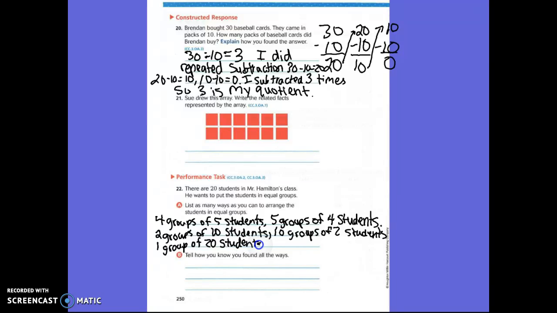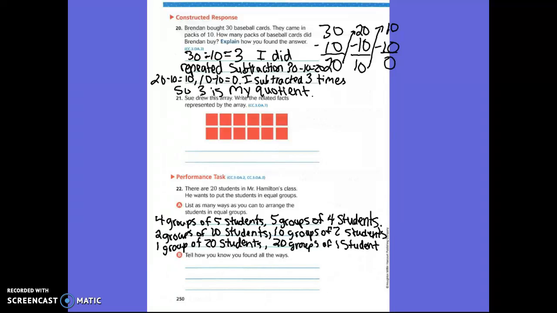Or, what's the last way? Callie? 20 groups of 1. Yes, 20 groups of 1 student. Is there any other way to make 20?